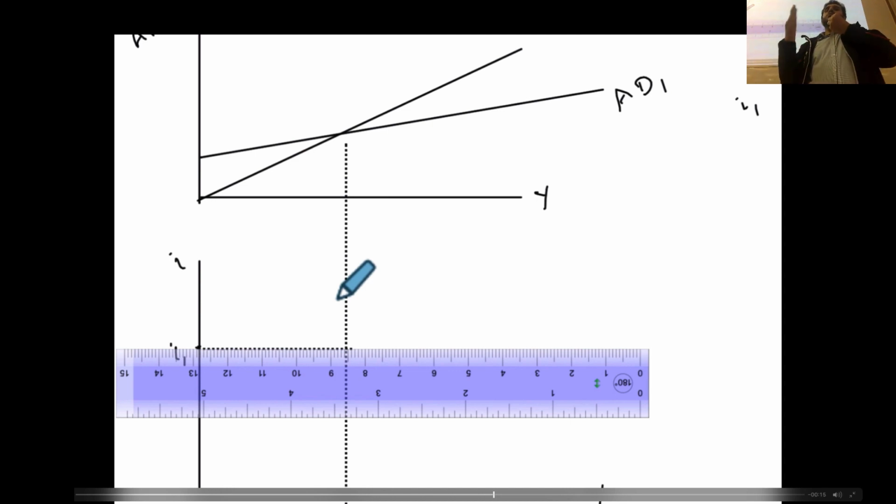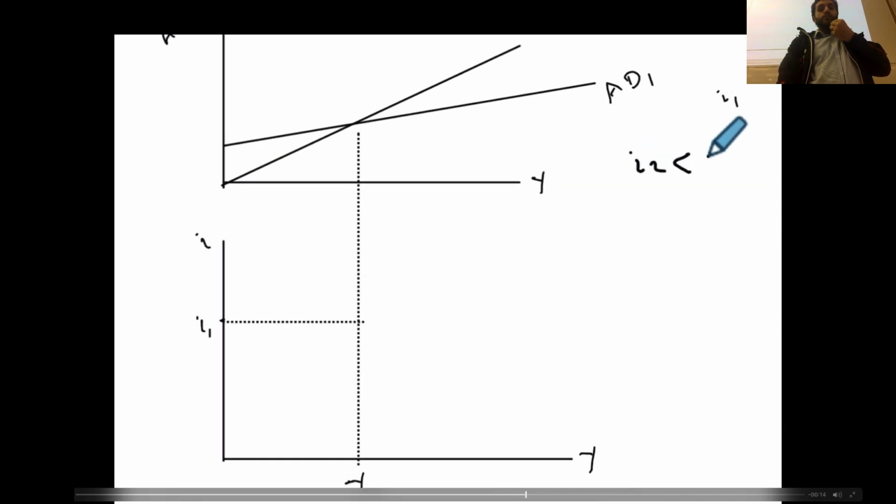So how you go from here is how investment responds to a change in the interest rate. If I have a change in the interest rate, let's say the interest rate drops to I2, where I2 is now less than I1.